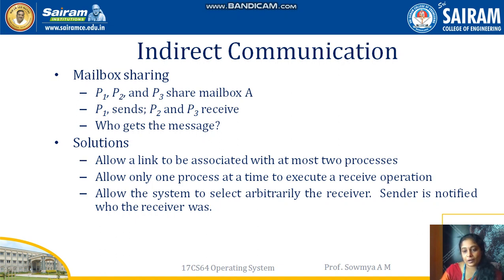If P1 is a sender and P2 and P3 are receivers, how is the message received? The solution is to allow a link to be associated with at most two processes, or allow only one process at a time to execute a receive operation. Once P2 is receiving the data, P3 has to wait. Once P2 finishes receiving the data, P3 will execute. Or allow the system to select the receiver based on priorities.